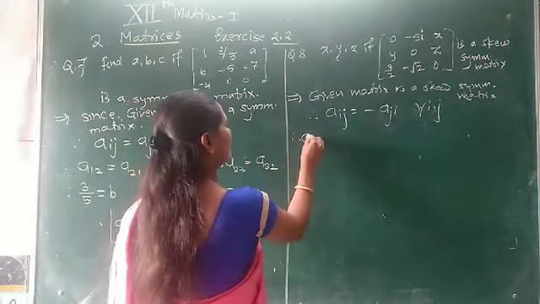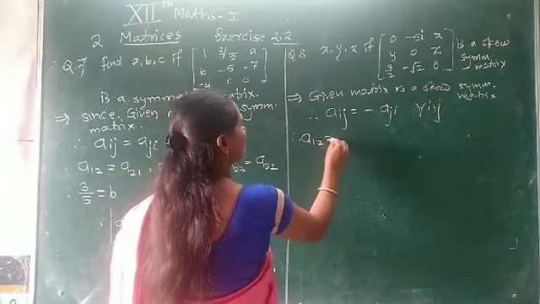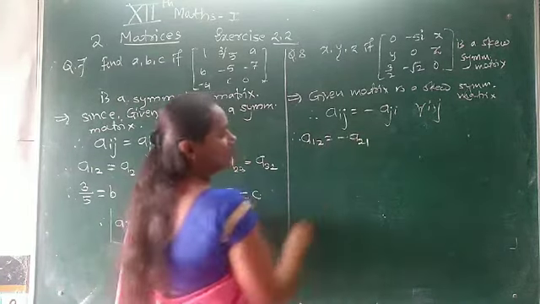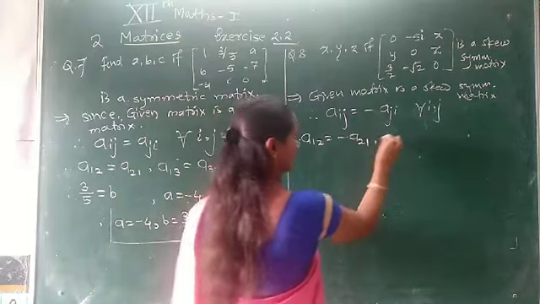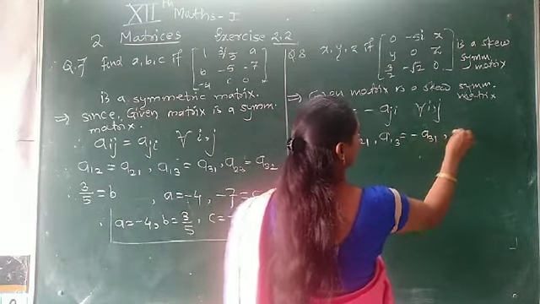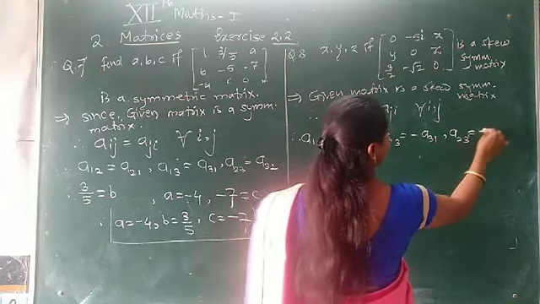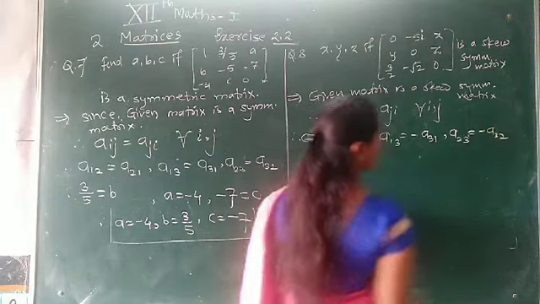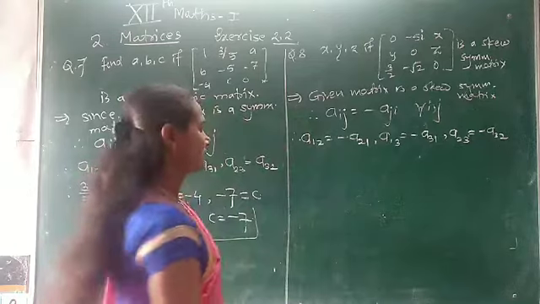So again we write a12 is equal to minus a21, a13 is equal to minus a31 and a23 is equal to minus a32. There is only a change in sign.